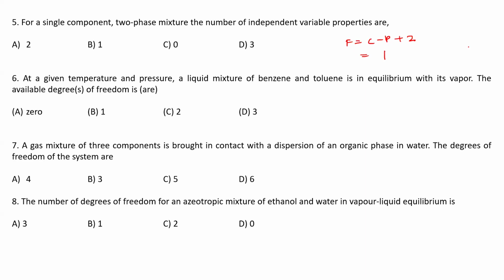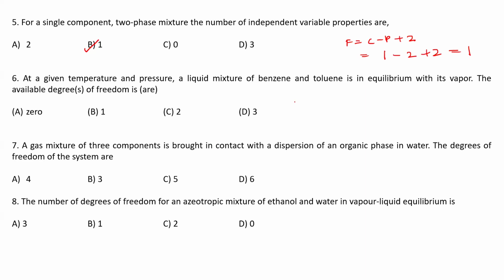So the number of independent variable properties is 1. Right. At a given temperature and pressure, a liquid mixture of benzene and toluene is in equilibrium with its vapor. The available degrees of freedom is or are.